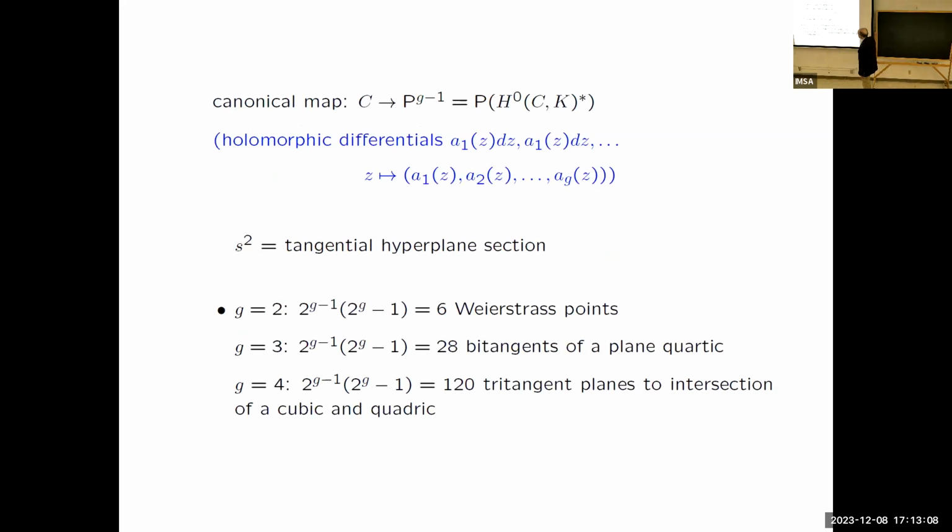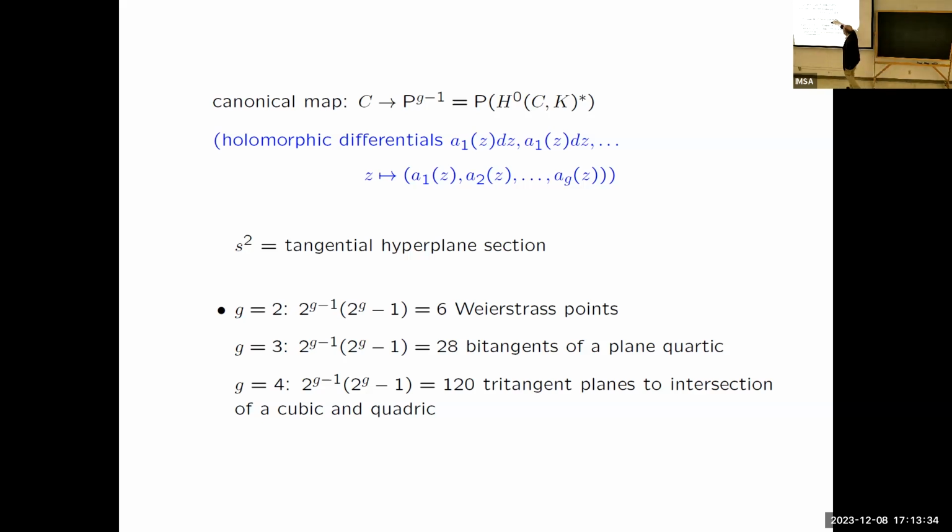So here's the sort of thing you can do. If you look at the canonical map from the curve into this projective space, the projective space of the vector space which is dual to the space of differentials, this is basically: take a point in C and look at the evaluation map of a section at that point.